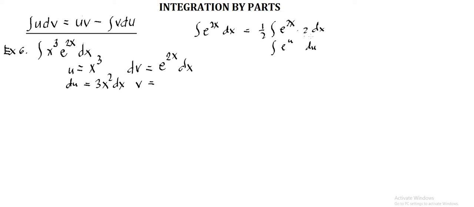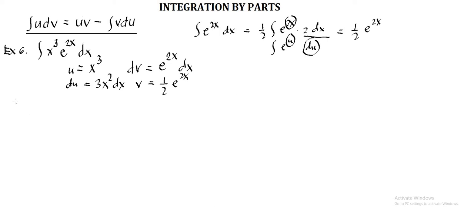So yung 2 dx, yun yung ating du, at yung e raised to 2x, yun yung ating u, no? Integral of e to the u du equals e to the u, no? So magkakaroon tayo ng 1/2 e to the 2x. So 1/2 e to the 2x yung ating v, no?